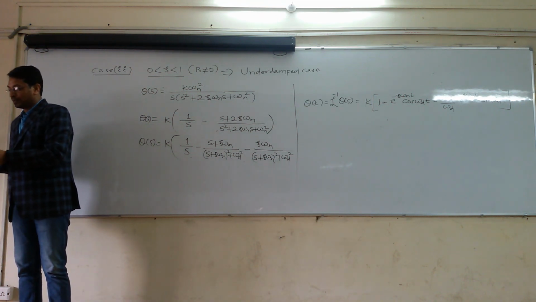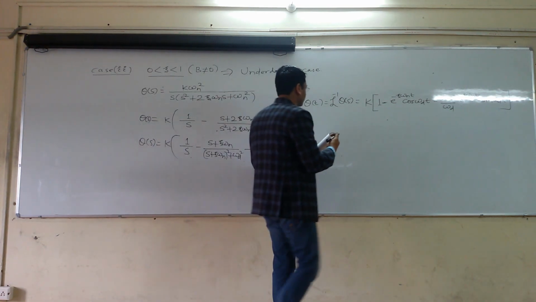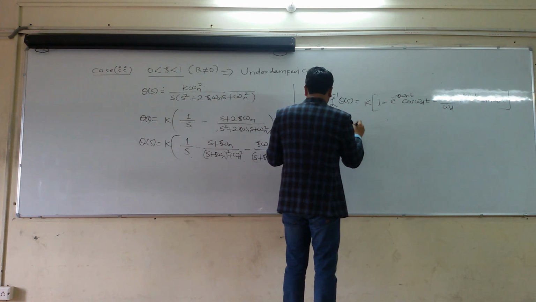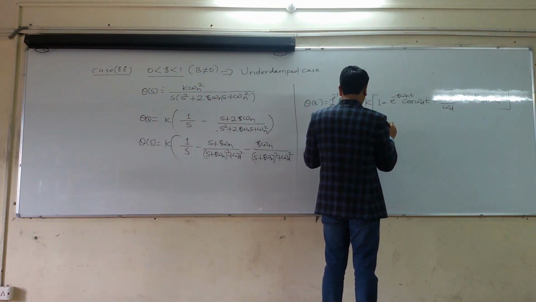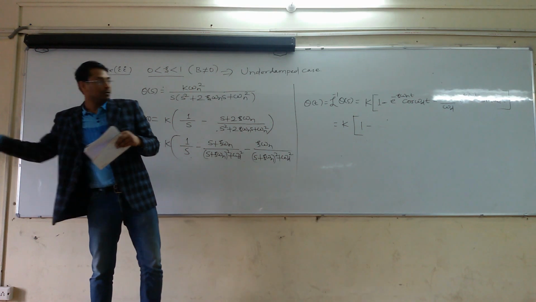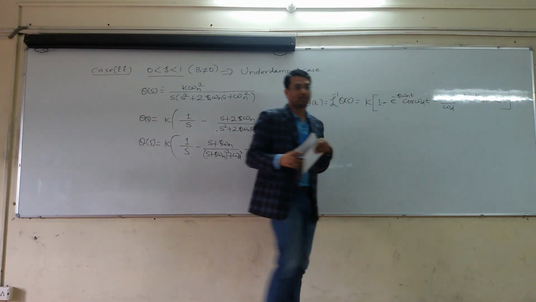Now let us rearrange this. Equivalently, you can say this is equal to k multiplied by 1 minus... I am going to replace this omega d simply. Omega d we have already assumed, so I am going to replace it.